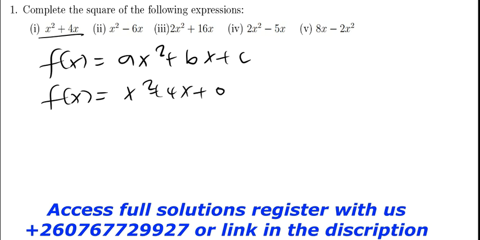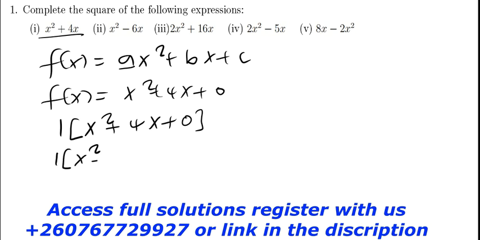So the first thing is you factor out a. In this case, a is 1. So we remain with x squared plus 4 divided by 1, which is 4x. Then here I still remain with 0.